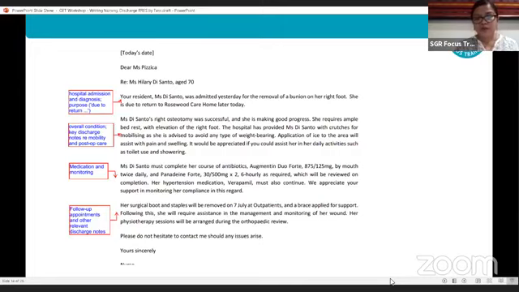So the reader would be able to immediately identify that the purpose of the letter is for her to be discharged, or for them to take over the care of Ms. DeSanto.